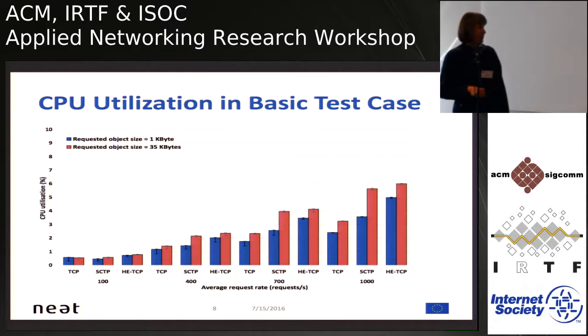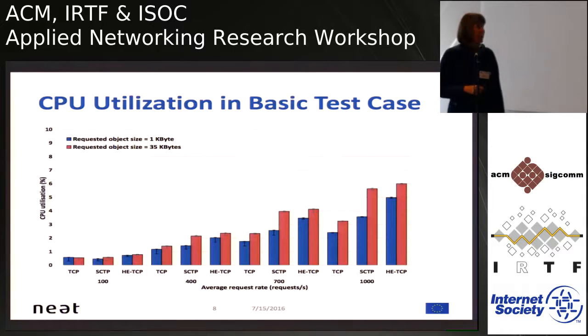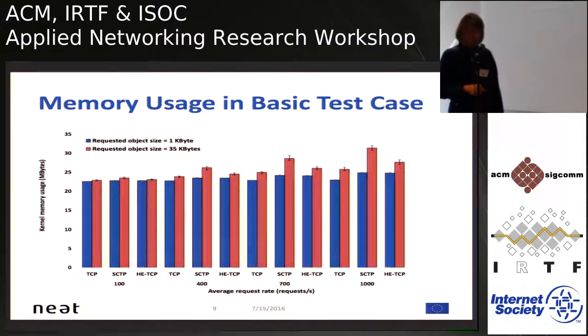So this is why we have these steps here. If we look at the red bars, the 35K situation, we see that if we compare the SCTP and the happy eyeballs TCP, there is not so big of a difference anymore. The reason is that you now have a larger object, so you also amortize the cost of the happy eyeballs over a bit larger connection. So it's quite natural.